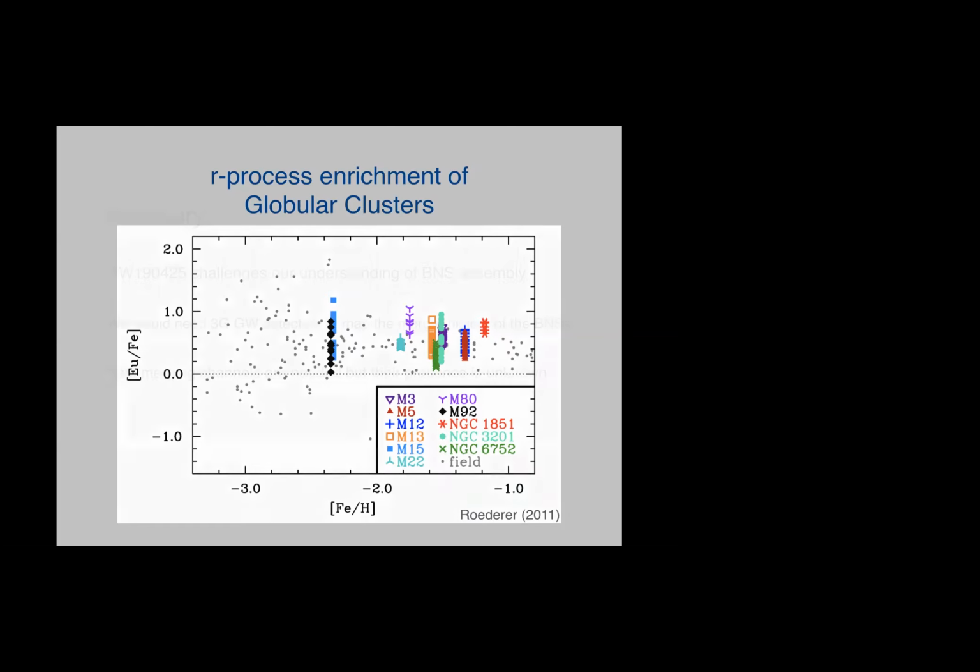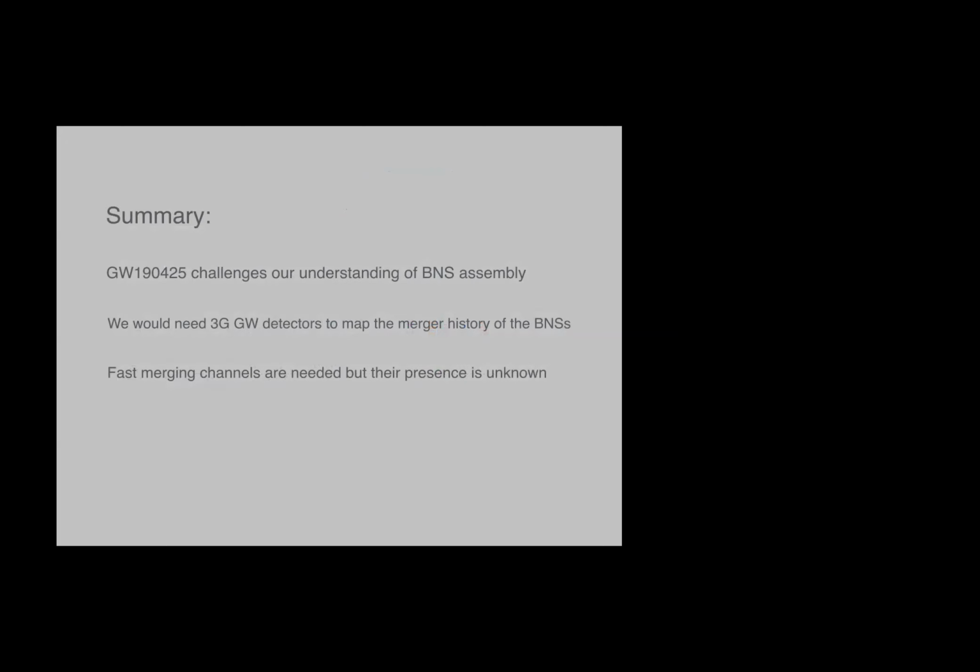I will summarize the talk with three facts. GW190425 completely challenges our understanding of binary neutron star assembly. We need third generation gravitational wave telescopes to map the merger history of binary neutron stars, and we don't have much better ways to do this. We are working on a new theoretical way to do this, but it is a very challenging task.